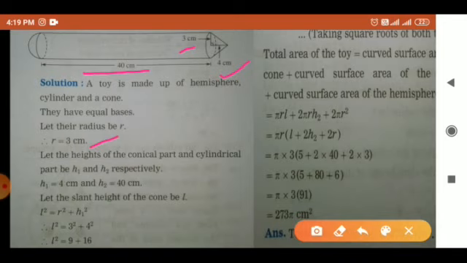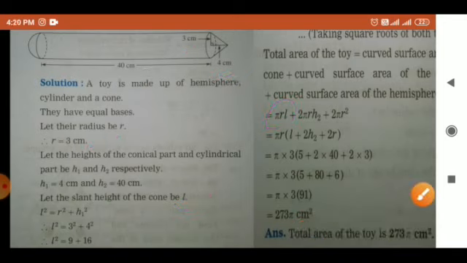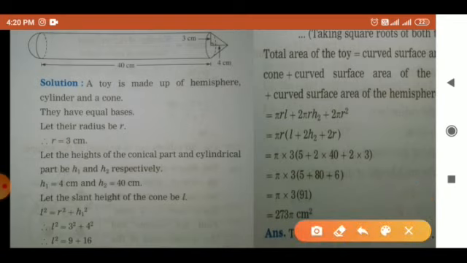This is given here. And for the cone we have to find out the slant height also, because the curved surface area of a cone is pi r l. So there we need the value of l. So first let's calculate the slant height for the cone. Now the formula is l square is equal to r square plus h square.